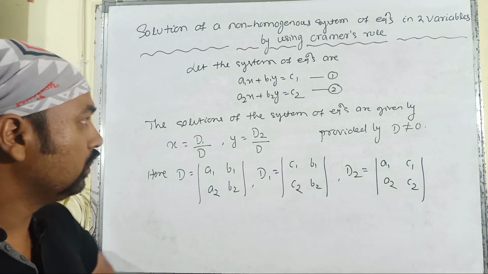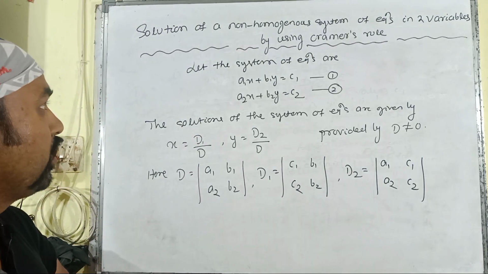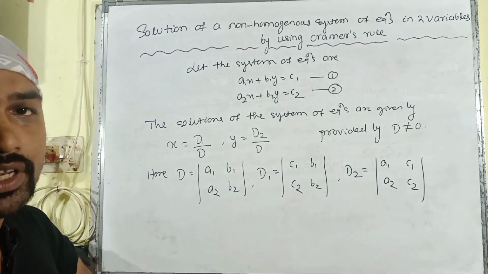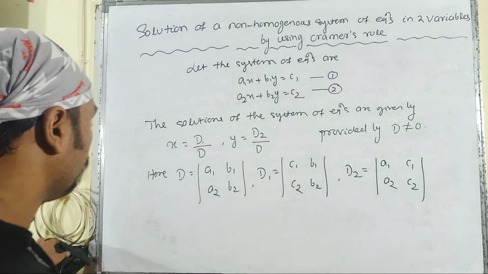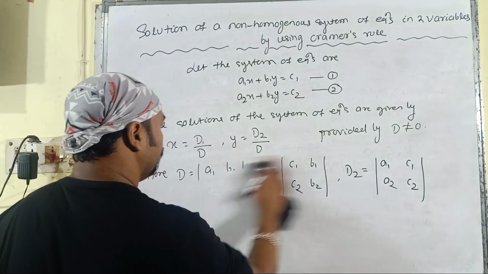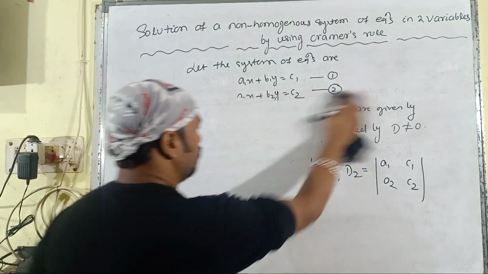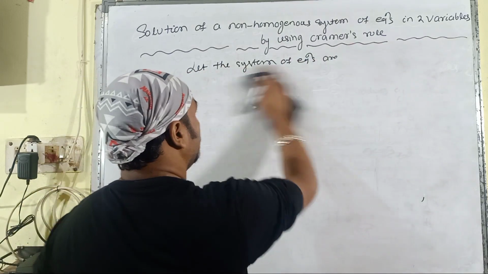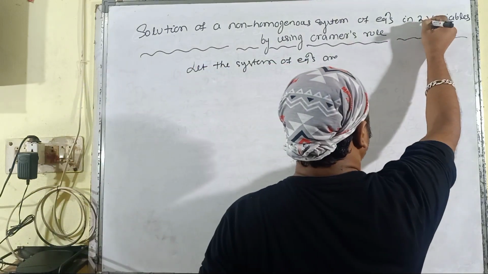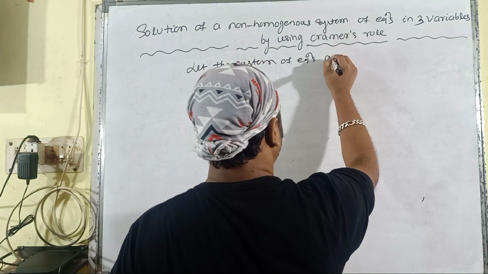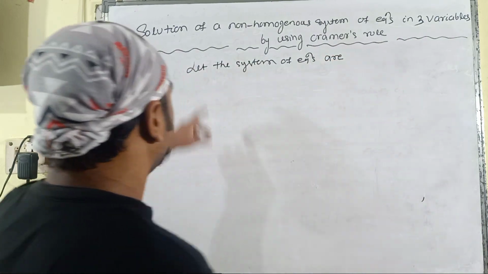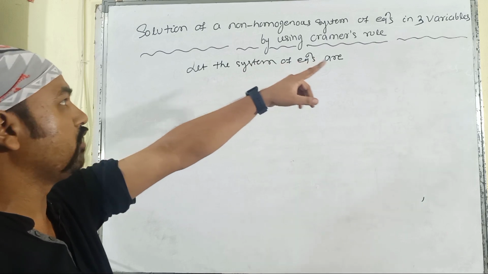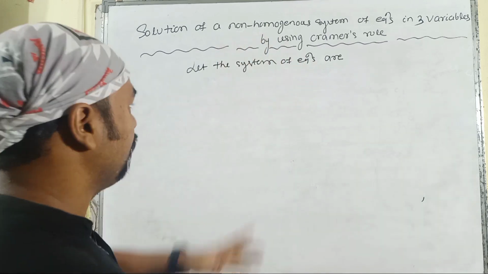Then moving towards the solution of a non-homogeneous system of equations in three variables by using Cramer's rule.